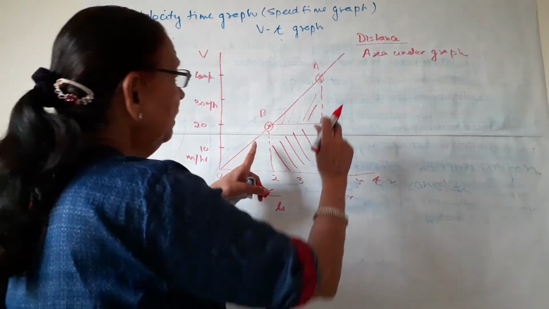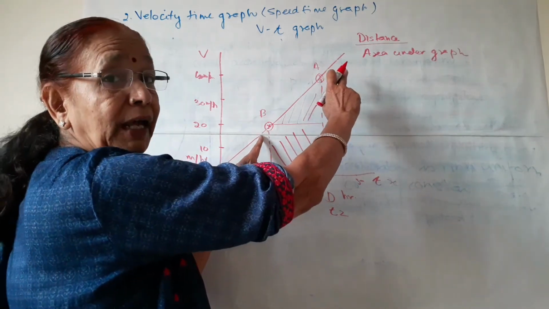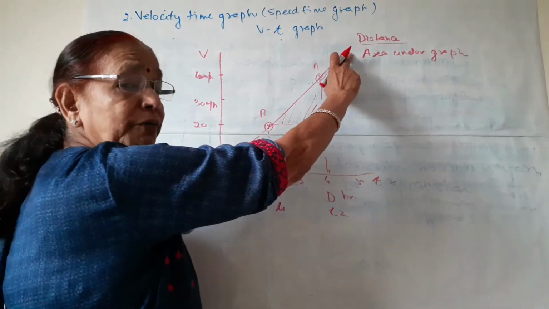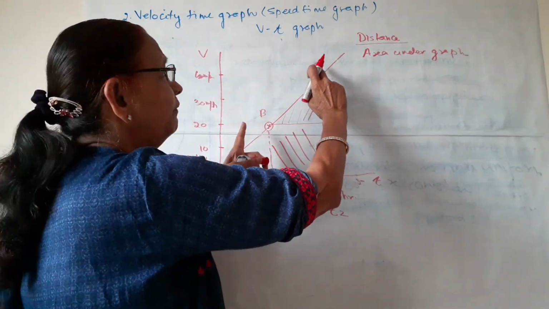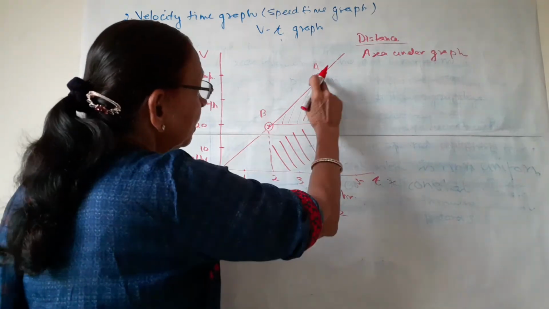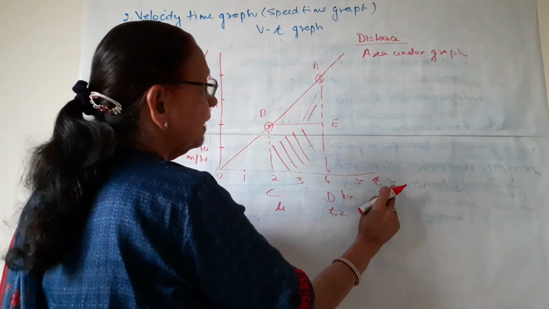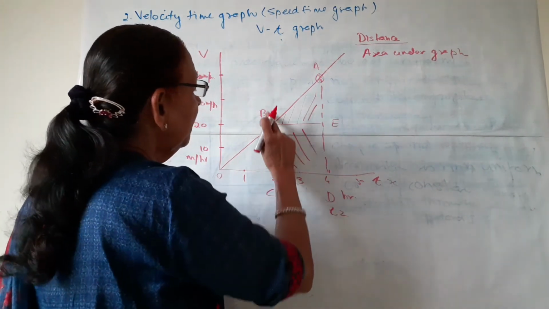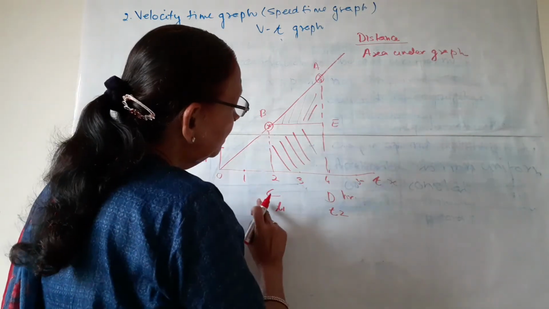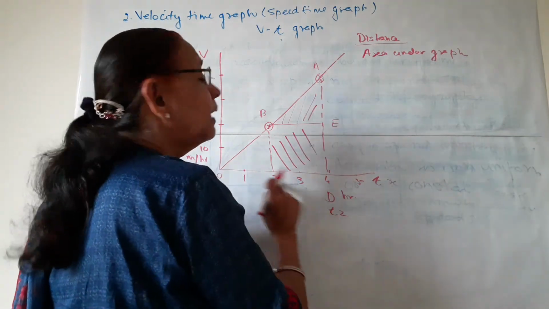So what have we done? We have taken 2 points A and B on this graph line, the graph line of uniformly accelerated motion, and we plot two perpendiculars on this x-axis, one from A and one from B. So we have A, B, C, D, E, A. This is a trapezium.